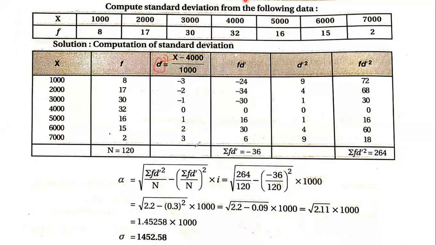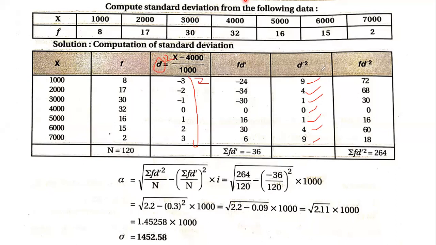All of these numbers must be squared, which means you multiply with the same number. Minus 3 into minus 3 will give you plus 9. Minus 2 into minus 2 is plus 4. 1 into 1 is plus 1. 0 into 0 is 0. 1 into 1 is 1. 2 2s are 4. 3 3s are 9. So we have to find the D dash square.